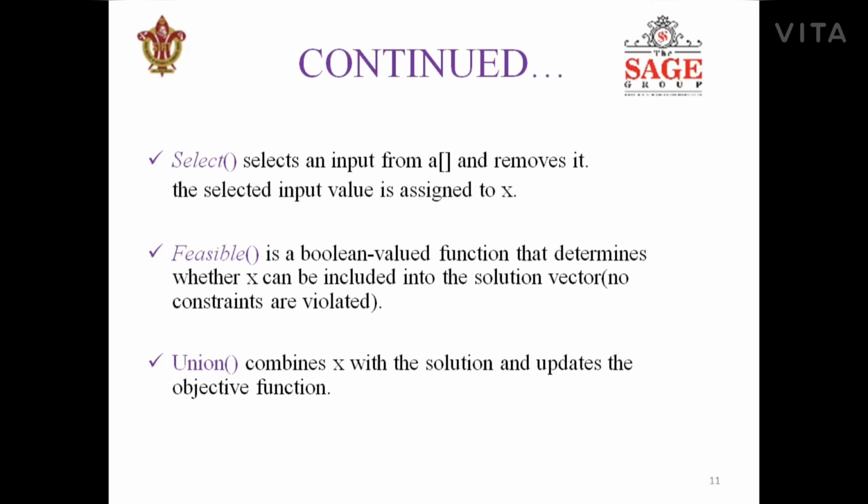If x is a feasible value, if it returns true, then the next function comes into the picture and the x value is combined in the solution array. We use the union function to combine the input values which satisfy the feasible function constraints.